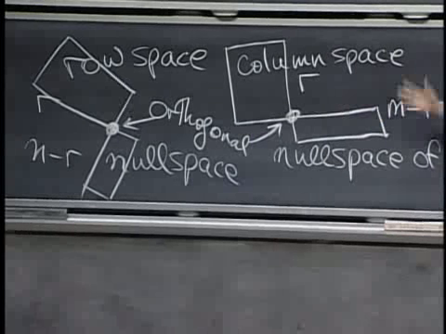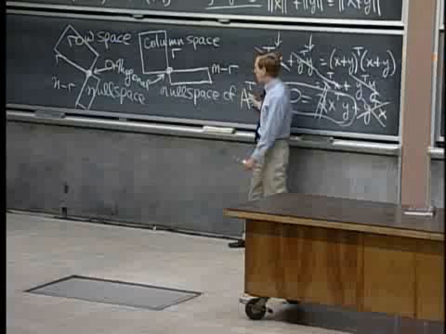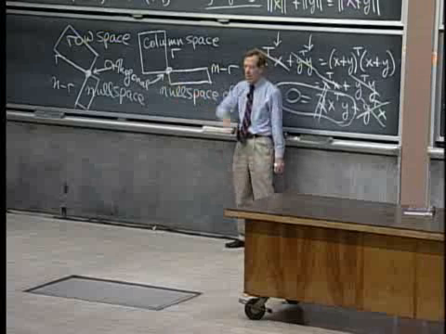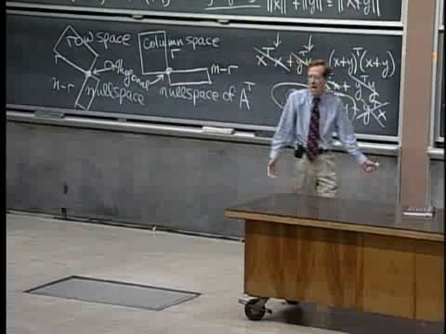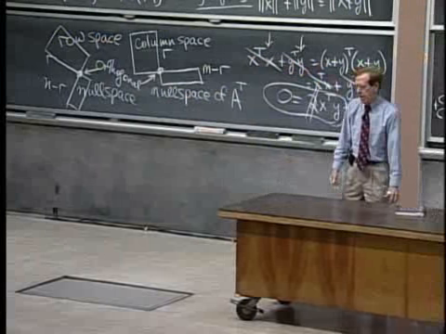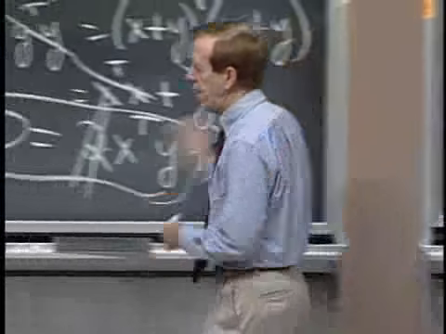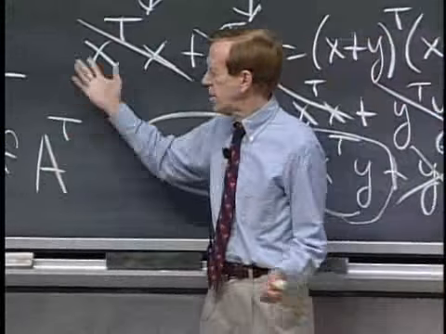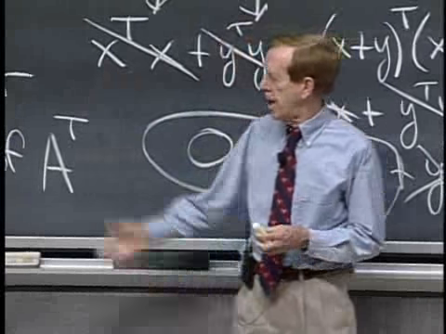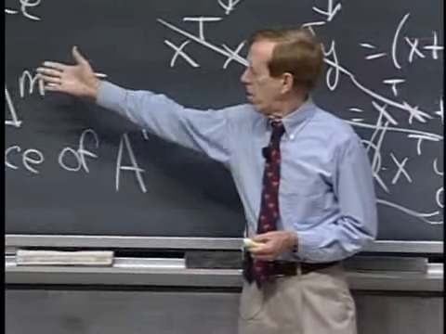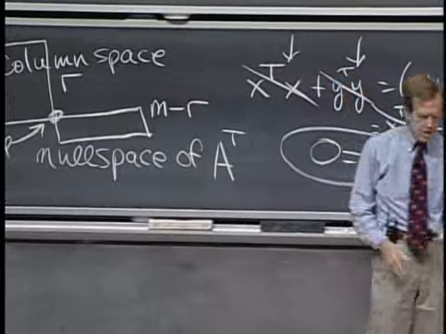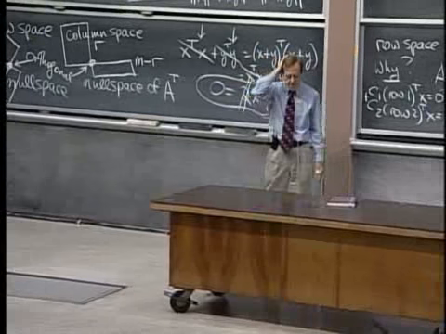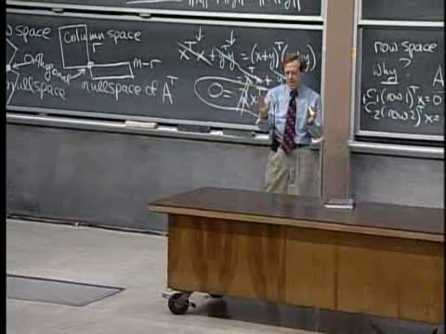Well, it's the same statement for A transpose that one was for A. So I won't take time to prove it again, because we checked it for every matrix, and A transpose is just as good a matrix as A, so we're orthogonal over there.